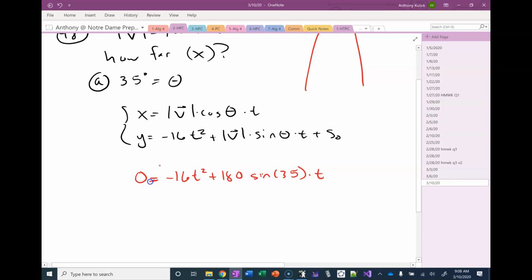I could write a plus 0 at the end, but it doesn't really need it. This is a quadratic equation that I need to solve. It's actually a really easy quadratic because there's no constant term, so I can solve this by factoring. There's a greatest common factor of t that I can take out.